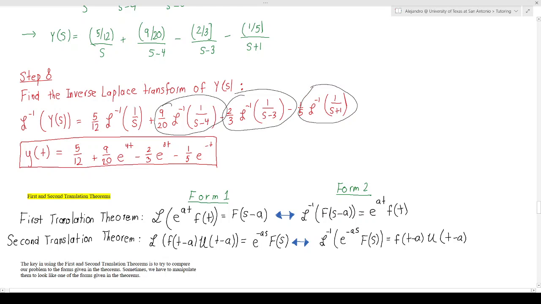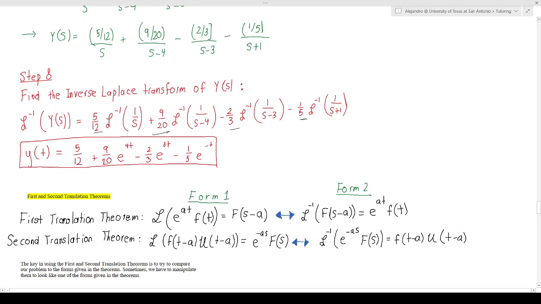And you just work with the inverse Laplace of 1 over s, which is 1. The inverse Laplace of 1 over s minus 4 is e raised to the 4t. The inverse Laplace of 1 over s minus 3 is e raised to the 3t. And the inverse Laplace of 1 over s plus 1 is e raised to the negative t. And you have all those constants being multiplied there.